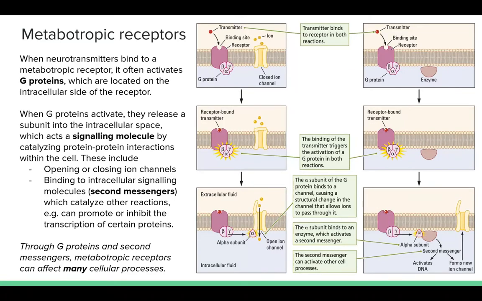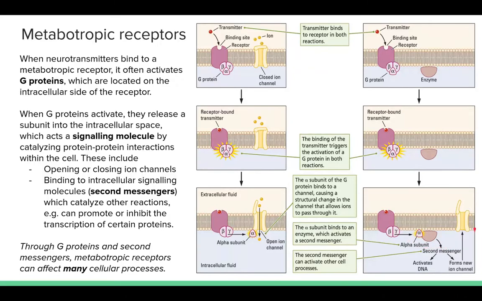The second example that the book gives, and I think this is probably one of the most common effects of activating metabotropic receptors, is one where we bind the neurotransmitter, we activate our G protein complex, and we release our G protein subunit.